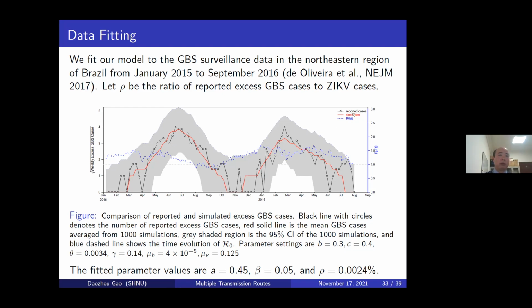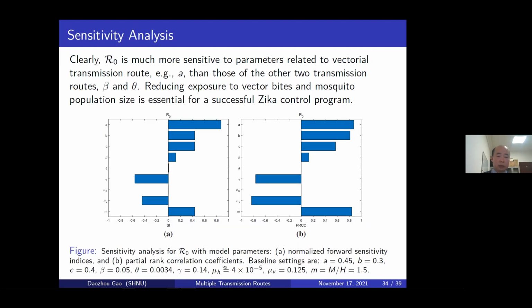Then we use the fitted parameter values to perform local sensitivity analysis, and we also compute the PRCC, the partial rank correlation coefficient, and you can see that R naught is more sensitive to A and also to M.